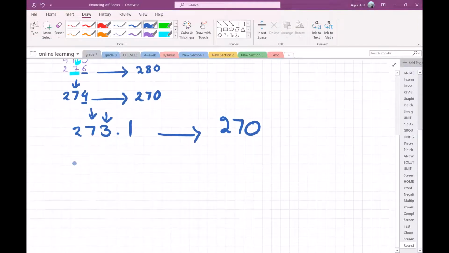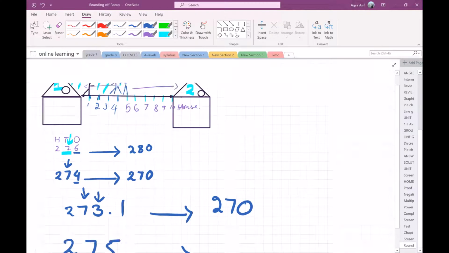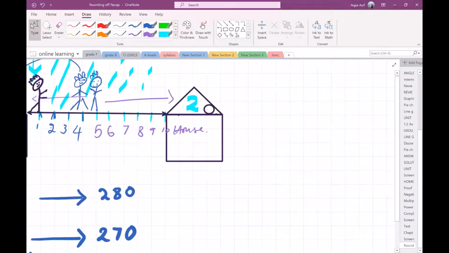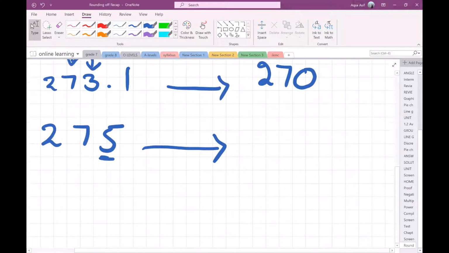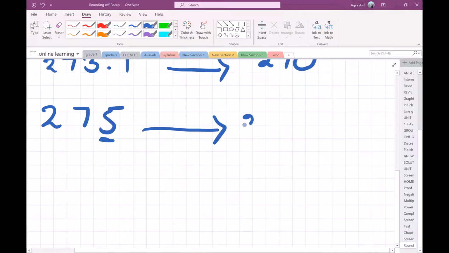Now, what happens if you've been asked to round off the number 275? Since it has taken 5 steps, it's better to move forward. Remember the situation? If you have taken the 5th step, it's better to move forward, okay? So it will be rounded off to 280.